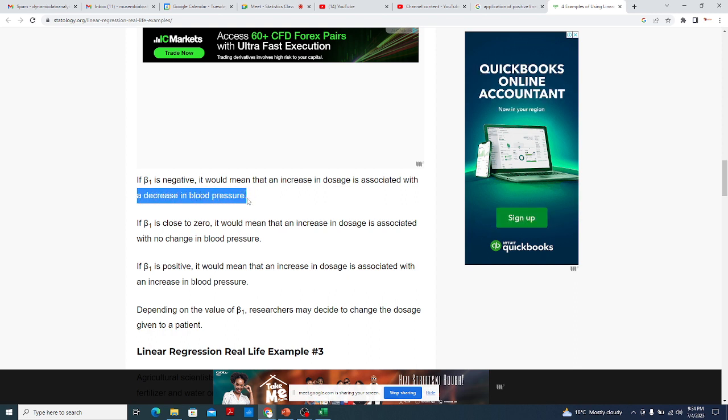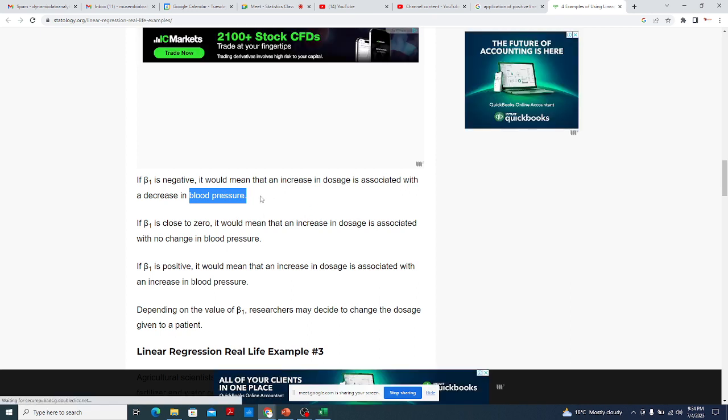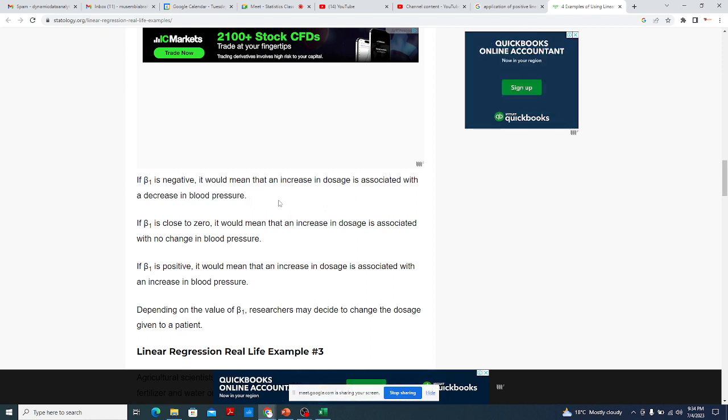Meaning we are trying to control your blood pressure. As we are increasing the dosage, the blood pressure is reducing. With that we can also collect sample data and get to know how much dosage you have to administer to a patient for that patient's blood pressure to be in the normal range.